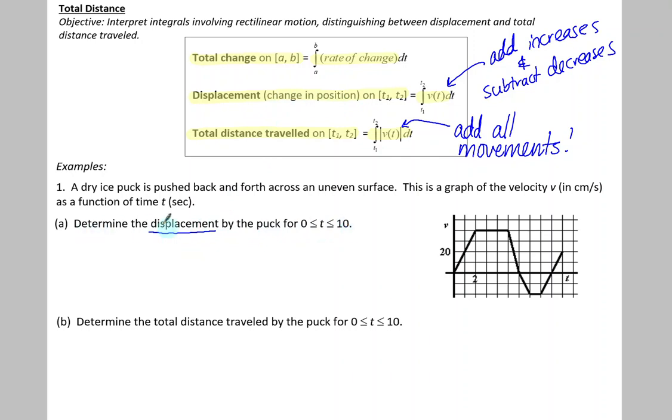So the displacement is the integral from 0 to 10 of the velocity function with respect to time. Now, because we're given a graph, we want to remember that this means the net area between the function and the x-axis, subtracting any areas below the x-axis. I would like to break this up into simple geometric figures.